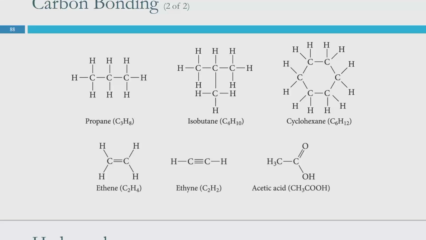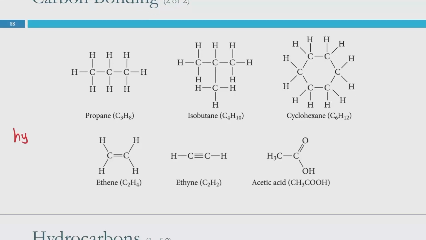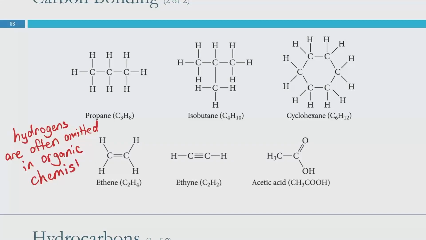Normally, when we draw stuff in organic chemistry, hydrogens get omitted because there's a lot of them. So the hydrogens are usually not drawn in. And the assumption is every carbon has 4 bonds. If it's missing bonds, you just pretend like there are hydrogens on there to make it up to 4 bonds.